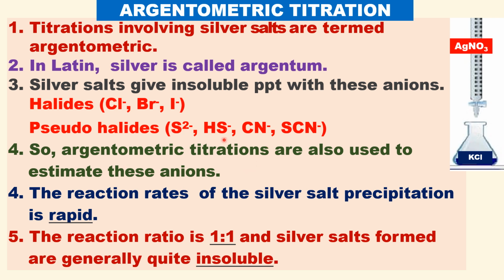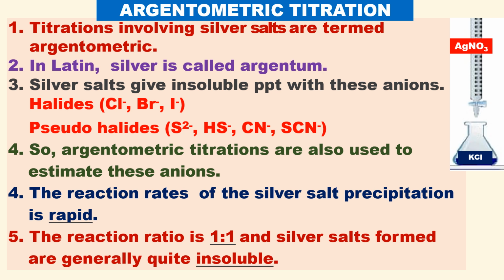So argentometric titration can also be used to determine these halide and pseudo-halide anions. The reaction rate of the precipitation is very fast. For these anions, the reaction ratio is 1:1 and the silver salts formed should be insoluble or very less soluble.